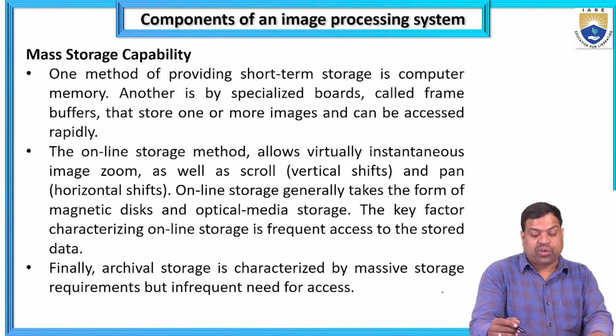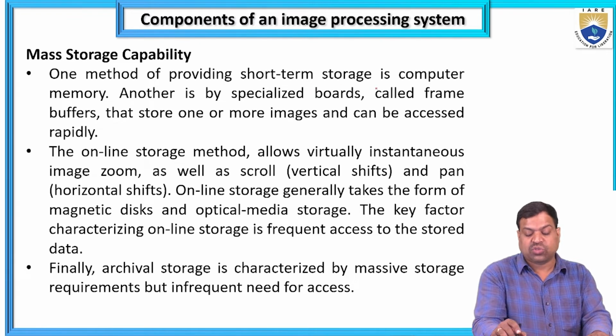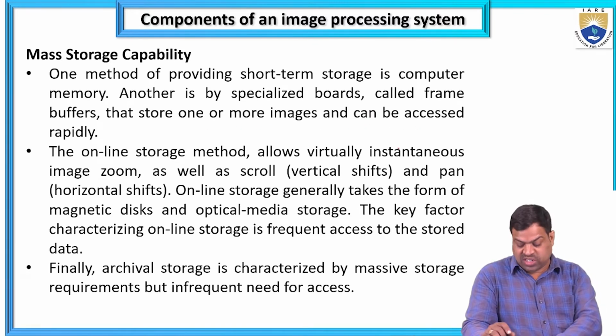Next, another type of mass storage capability. One method of providing short-term storage is computer memory. Another is specialized boards called frame buffers that store one or more images and can be accessed rapidly.